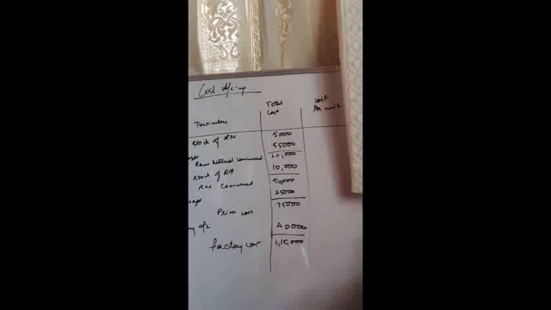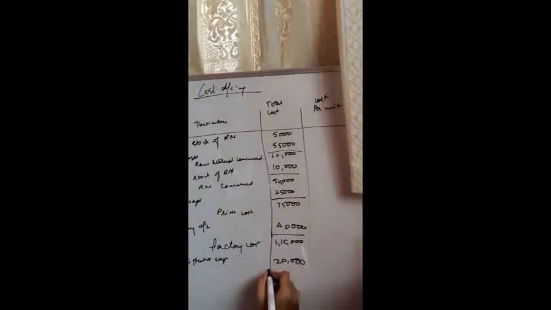After which you need to add your administrative expenses. Your administrative expenses, office and administration, is rupees 20,000.